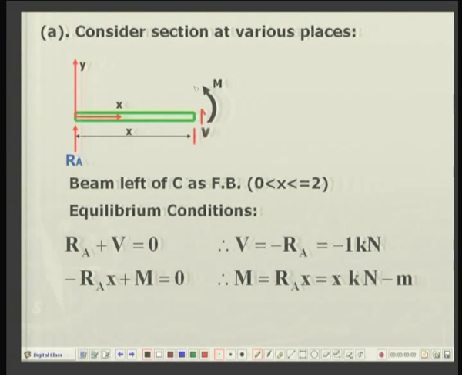R A will give you a clockwise moment which is negative. So, R A into x plus M equal to 0. So, M is equal to R A x, and since R A is 1 kilonewton, M is equal to x kilonewton meters. And this is a linear function.